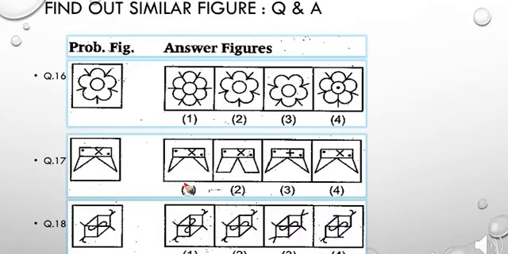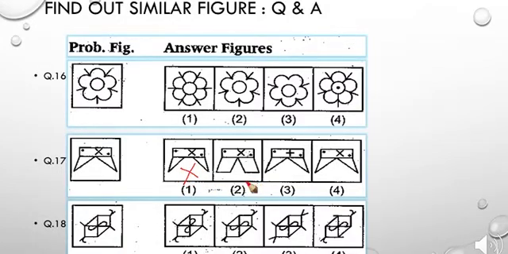So let's check in case of answer figure 1. A triangle is there, there is another triangle, but the 2 sides of the triangles are not about to touch each other, there's a gap, so this cannot be the answer. Let's check the second option.